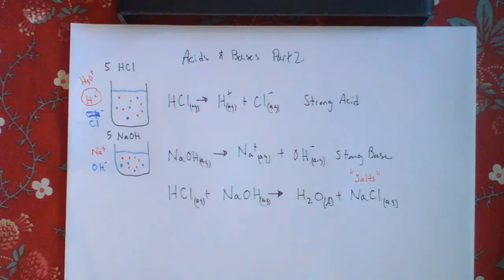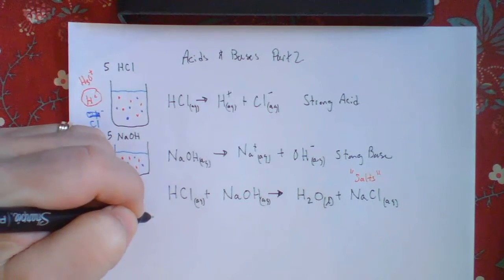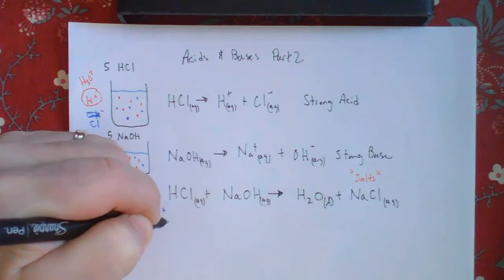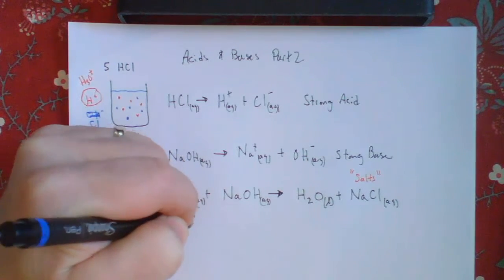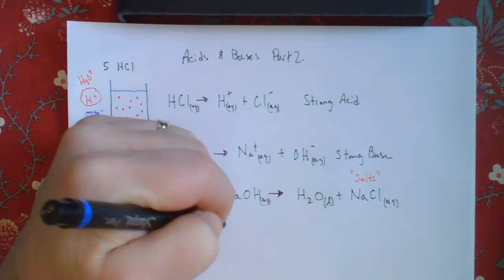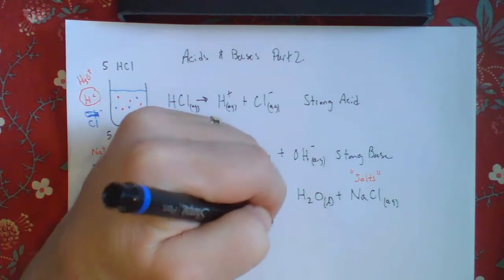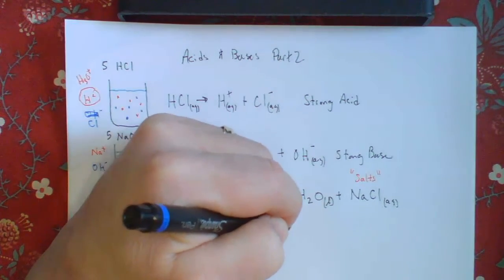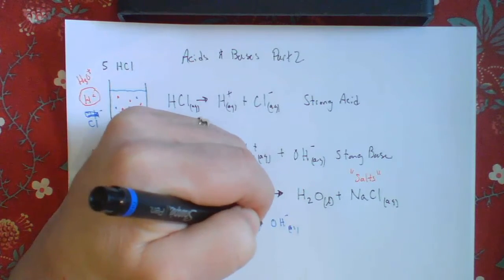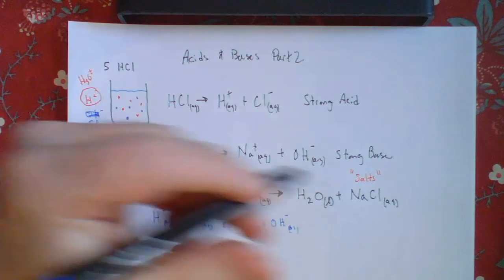Now if we did this from what we were talking about with complete and net ionic equations, we really have hydrogen ions floating around, some chlorine ions floating around, some sodium ions floating around, and some hydroxide ions floating around. All of this is in our beaker when we mix the two together.